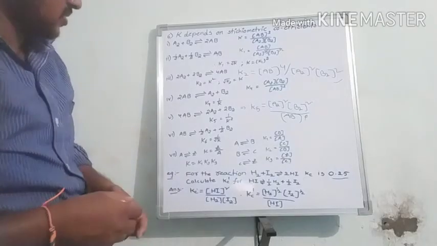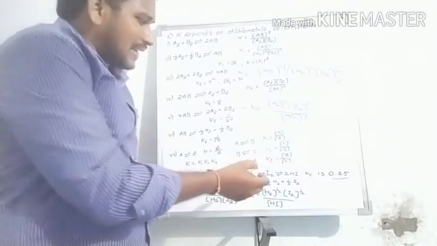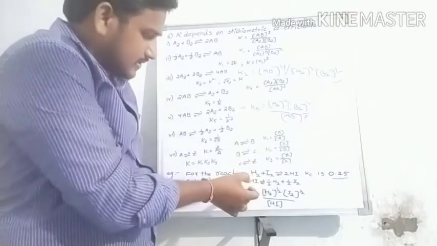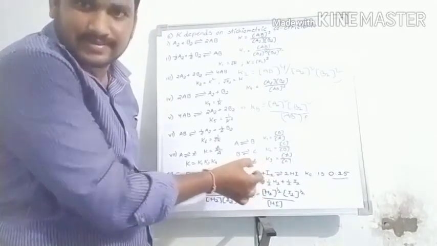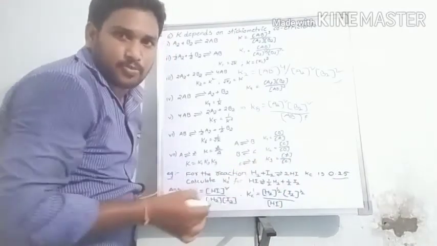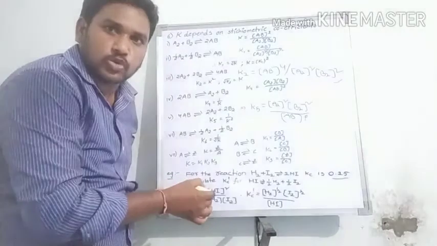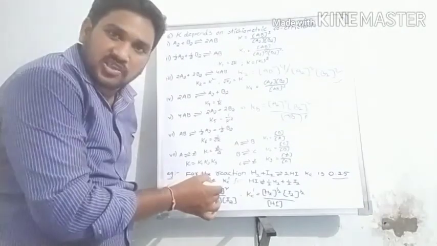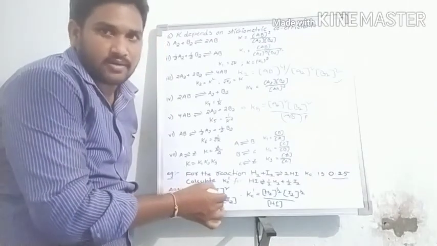Okay, sir, sorry for the disturbance. In the above reaction, to calculate the Kc, H2 and I2 act as the reactants and HI acts as the product. Kc is equal to concentration of HI whole squared by concentration of H2 and concentration of I2.